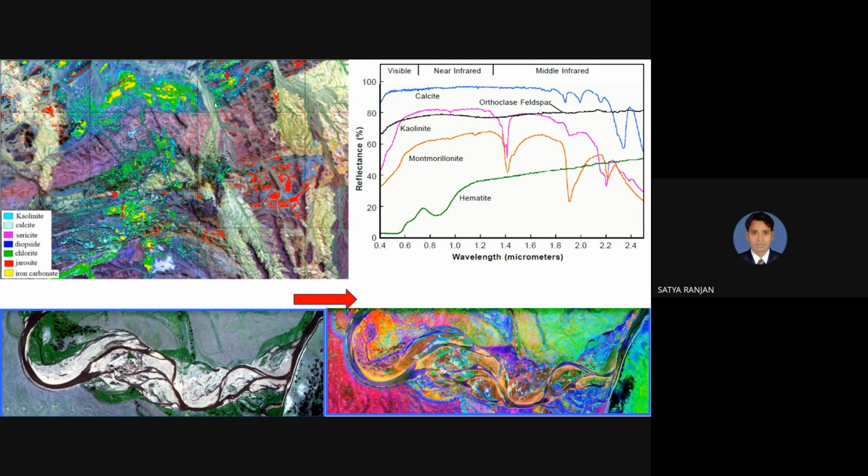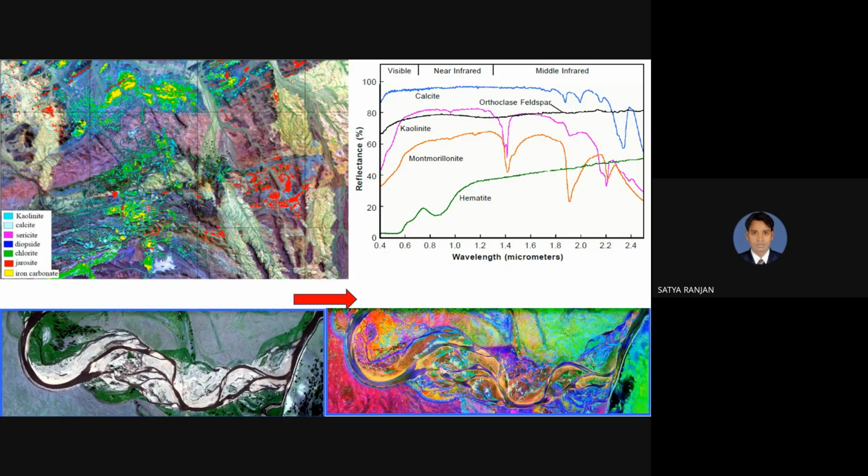If we click on the calcite polygon in the software, it gives the graph. So this is the graph of calcite. It is stored in the spectral library, then compared with the original library and correlated with this satellite image.